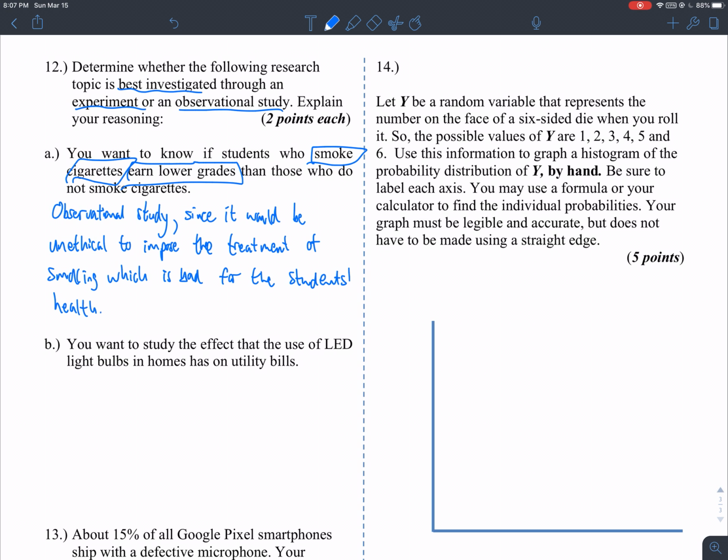And then lowering the grades will also be unethical. If you think something is going to lower their grades, you're also harming them that way. So there's actually two things there. This is enough, but you could say more if you want.